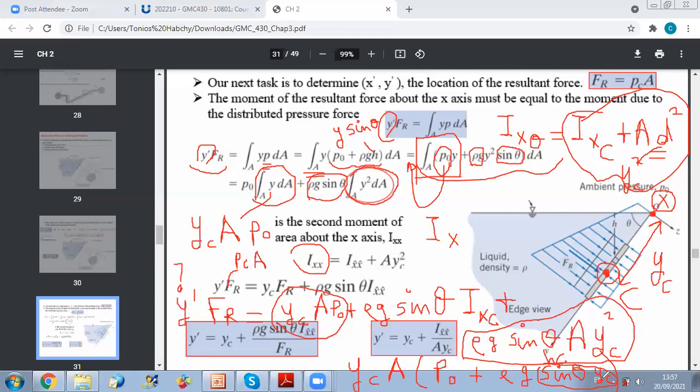This will give you the pressure at the center.